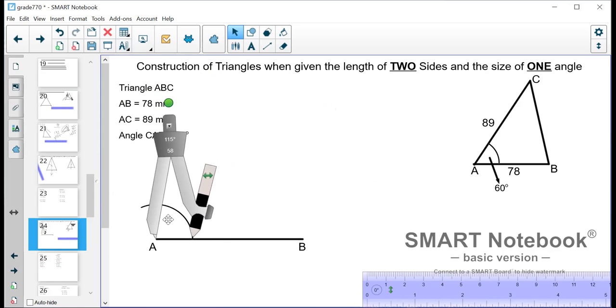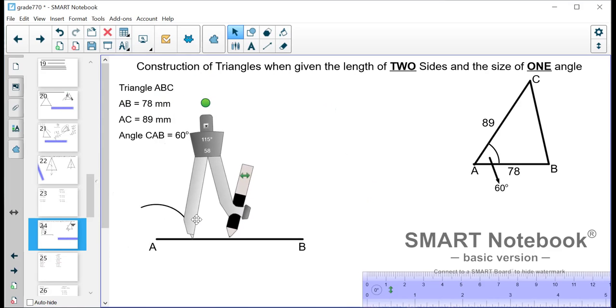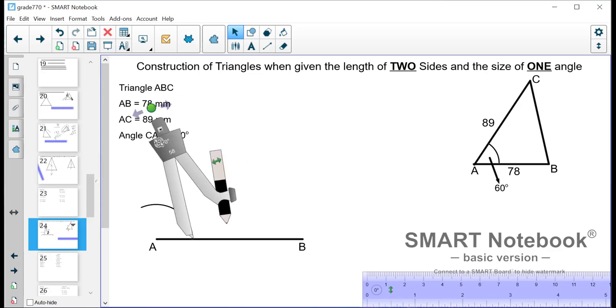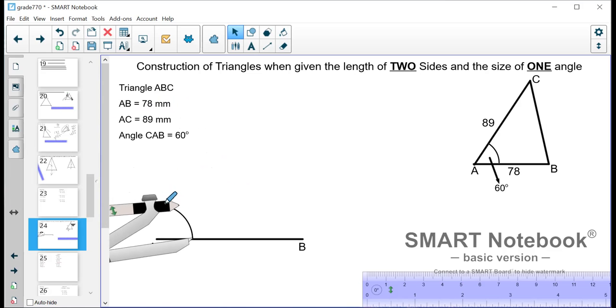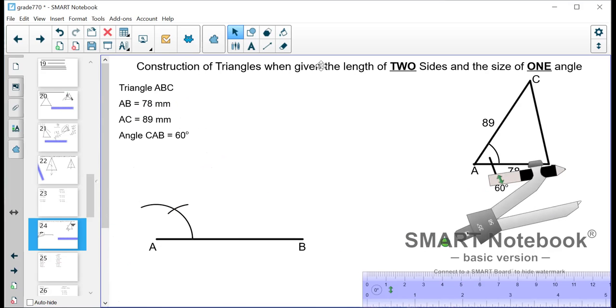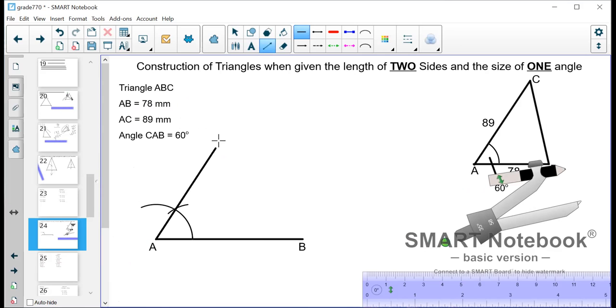Then you go from where the arc and the baseline intersect, place the compass point there, and with the same measurement, you intersect that arc. And from A, you draw a line straight through that intersection.